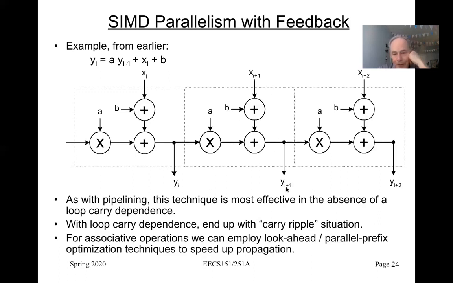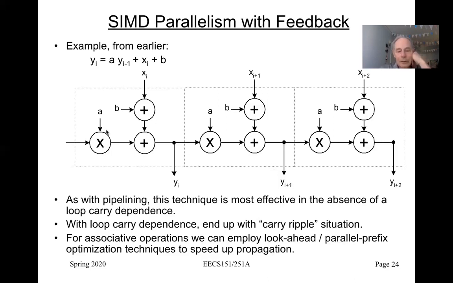Okay, and then that generates a y sub i plus 1, and then that value goes into this iteration. So if we had this loop that goes for many, many iterations, we'd take the first 3 and map them on here, and then the next 3, and then the next 3. So it would decrease the total time required to do the computation by a factor of 3, because we've increased the throughput by 3x in this case.